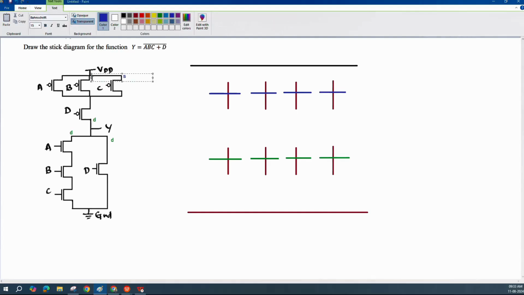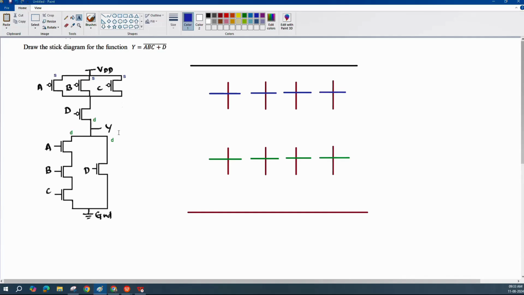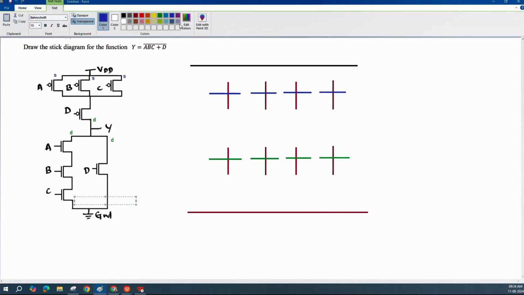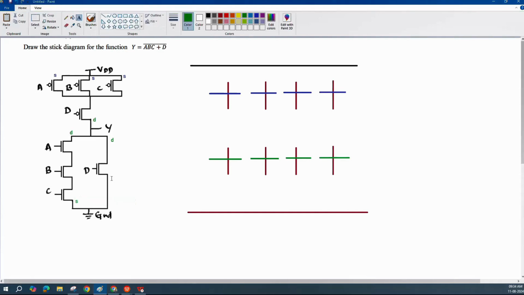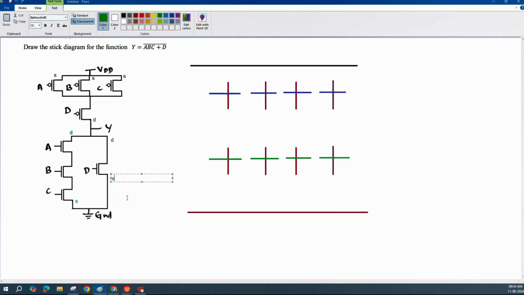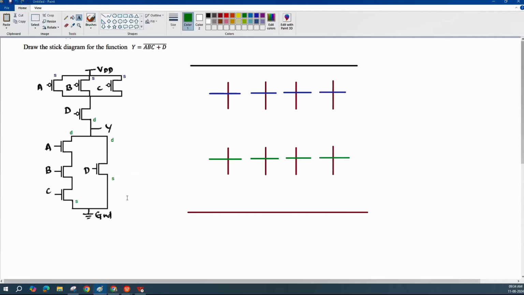And similarly for the B transistor, this is my source, and also for the A transistor this is my source. And then comes the remaining: let me mention this as source of the C transistor, this is source, and for the D transistor also this is source. Whichever terminals are connected to ground and VDD will be source, and whichever terminals are connected to output are drains.